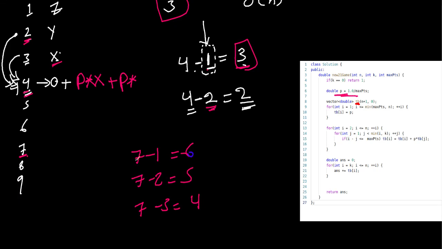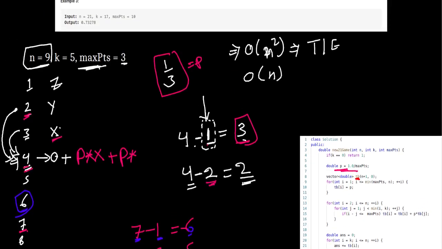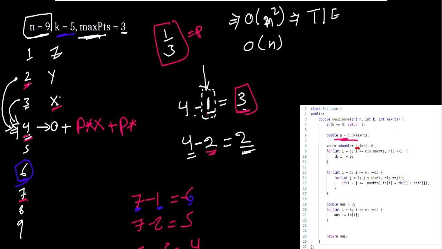From 6, to reach 7 we need 1 point, but at 6 we already exceed the value of k, so we cannot go from 6 to 7. So this is not part of the solution because 6 is already greater than k, and if we are greater than k we don't need to draw again.